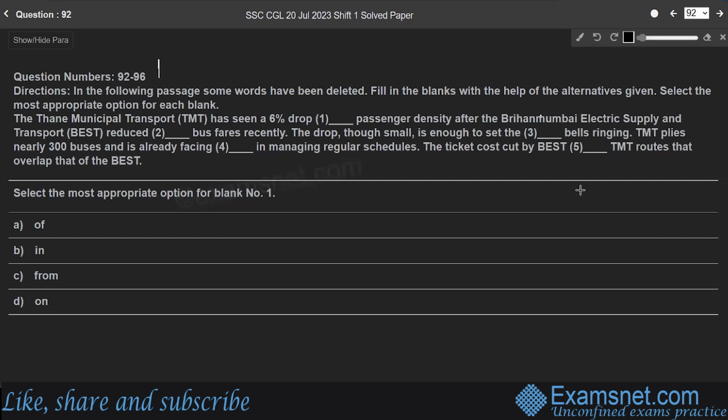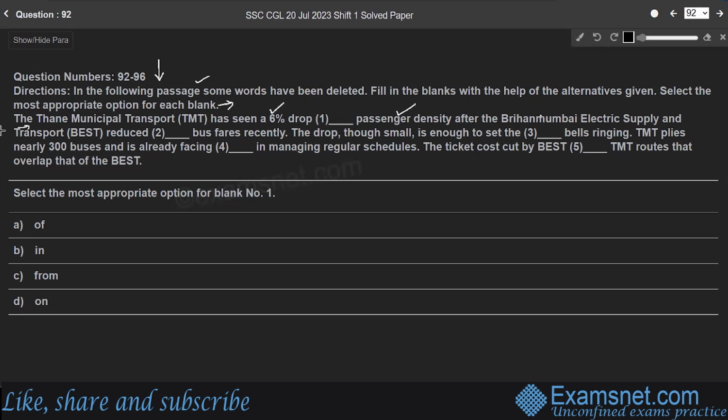Questions from 92 to 96 are based on the below passage. In the following passage, some words have been deleted. Fill in the blanks with the help of the alternatives given. Select the most appropriate option for each blank. Here the passage says, the Thane Municipal Transport TMT has seen a 6% drop in passenger density. Here, passenger density has been decreased by 6%, right?